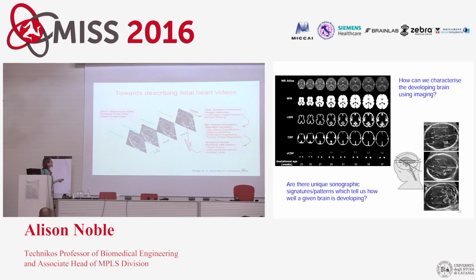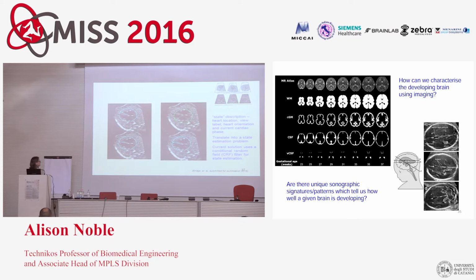And then from that, he uses a random forest-based technique to determine which view, to localize the heart, so find its center, to determine the orientation of the heart, and also determine the phase of the cardiac cycle. And part of it is then refined using a temporal model. What I think was most interesting about his work, it's the first demonstration ever that from videos of this kind you can extract a useful descriptor from these very, very challenging types of image.